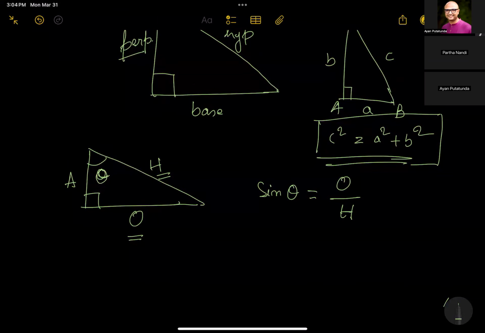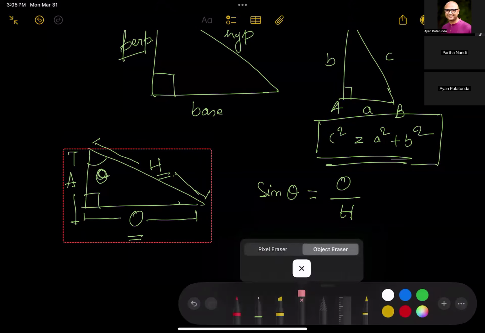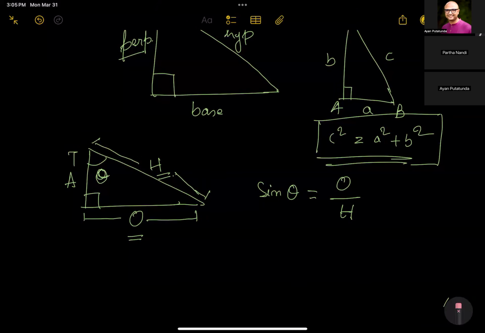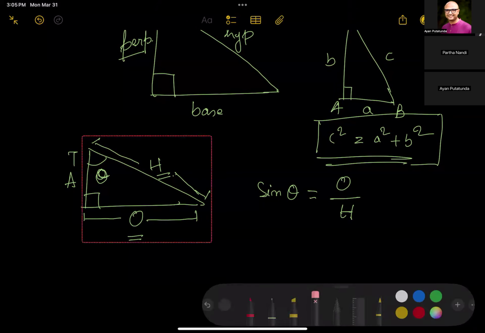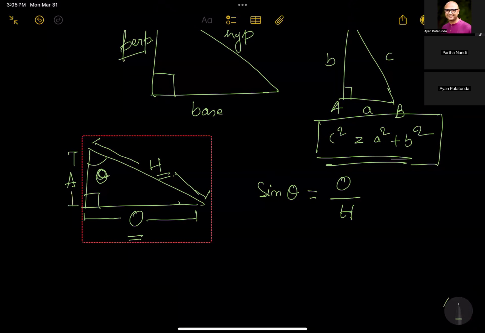O for what? O is the length from here to here. H is the length from here to here. A means adjacent, here till here. Okay, I elongated the line. So A is still in this position, right? So the ratio of these two sides is represented like this.